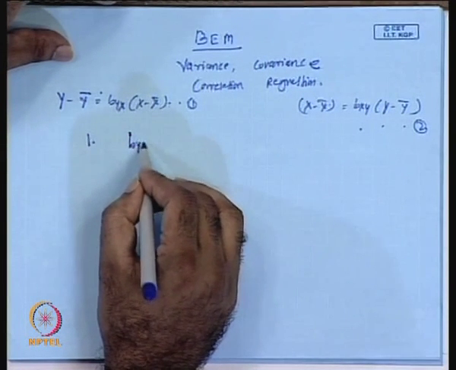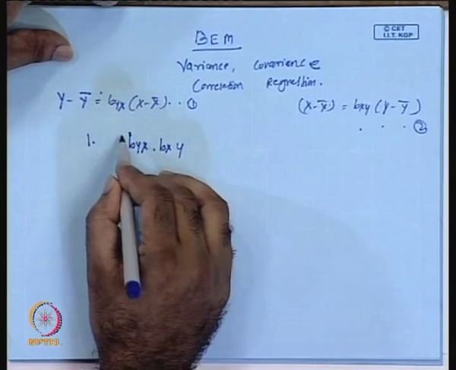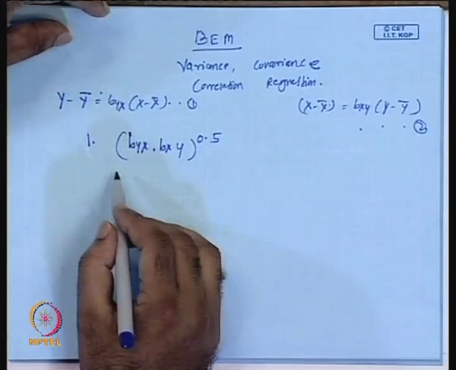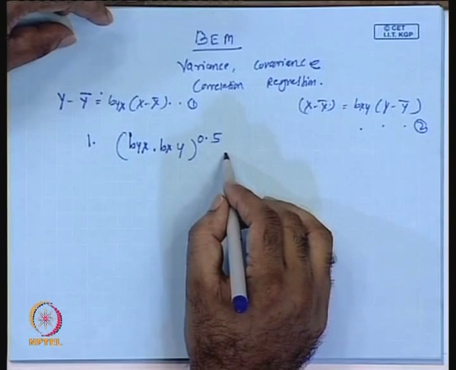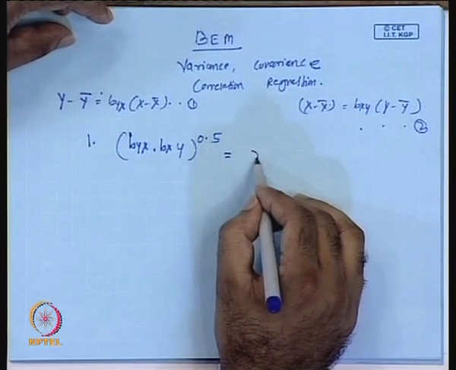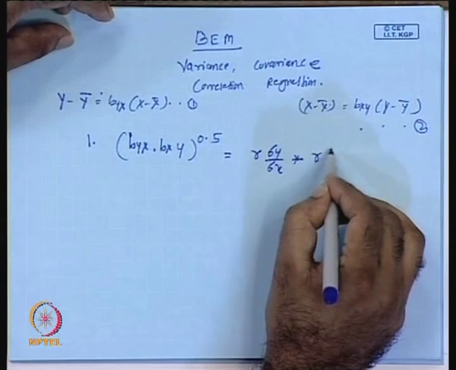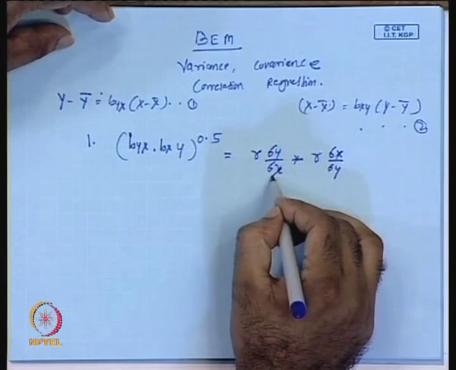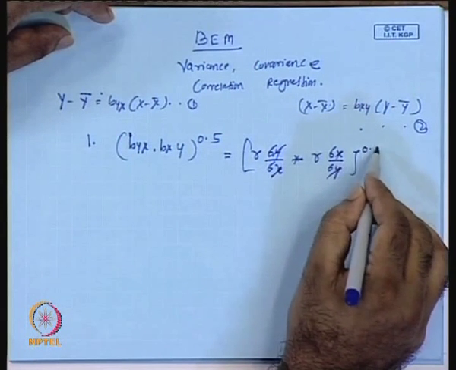So, byx into bxy, for these two regression coefficients, to the power 0.5. What is byx and what is bxy? It is already mentioned. So, byx is r sigma y by sigma x multiplied by r sigma x upon sigma y. So, sigma x cancels, sigma y cancels, and this is to the power 0.5.